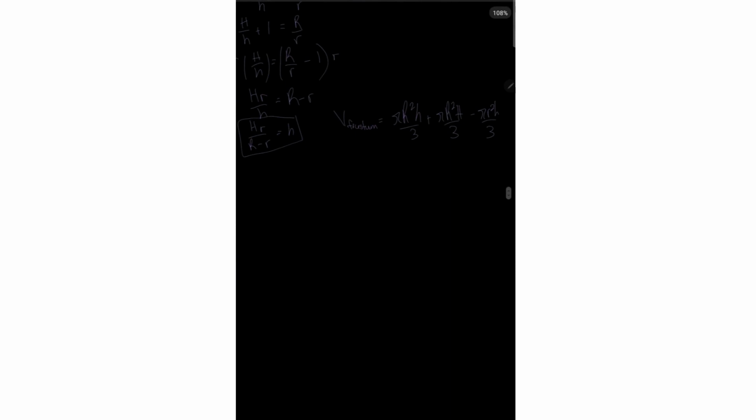Actually, I'm just going to go down here a little bit, get a little bit more room. Rewrite it. We have pi R squared little h, pi R squared big H, pi r squared little h, over 3. Okay, let's go do some algebra.